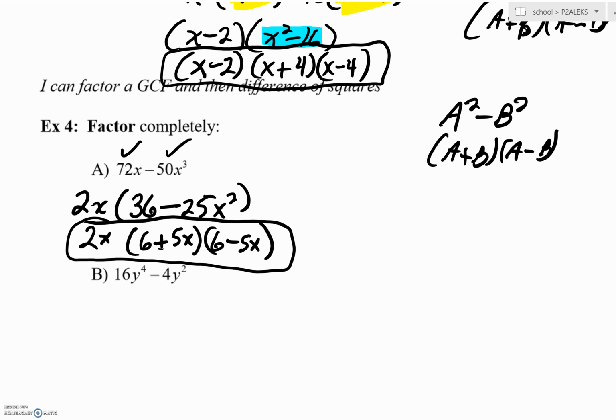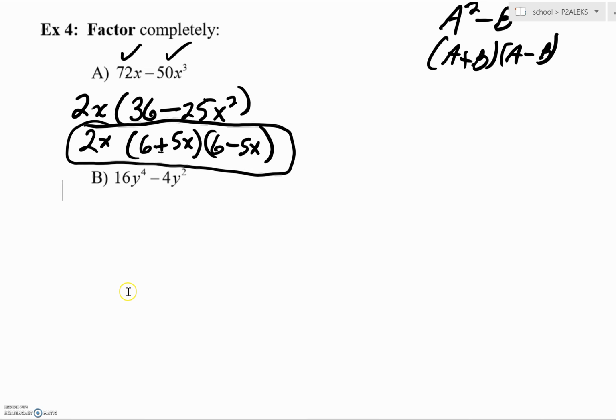Okay? It's not that bad once you get a hang of it. Last one. What do you think the greatest common factor is that I could divide out of 16 and 4? A 4. A lot of times kids might have second guesses. Use your calculator if you're worried about it. What else can I take out? Y squared.